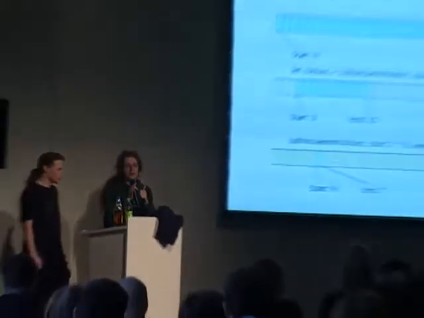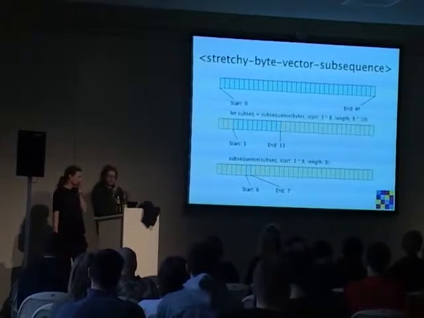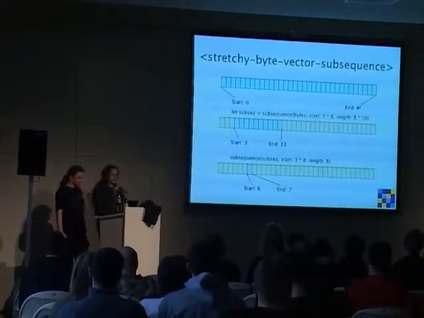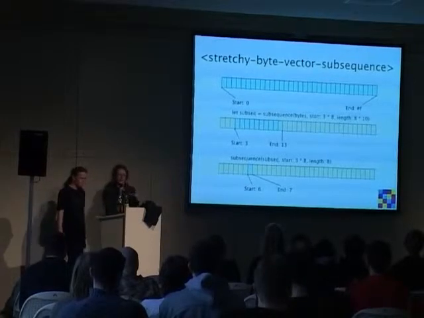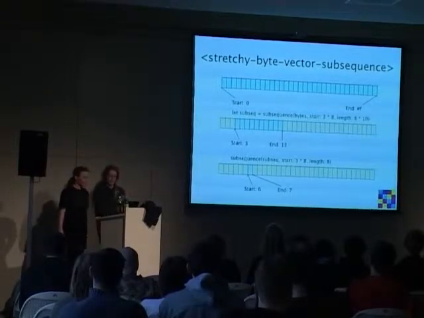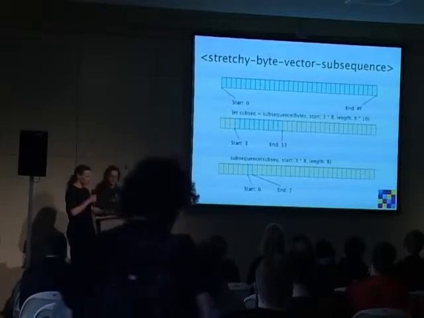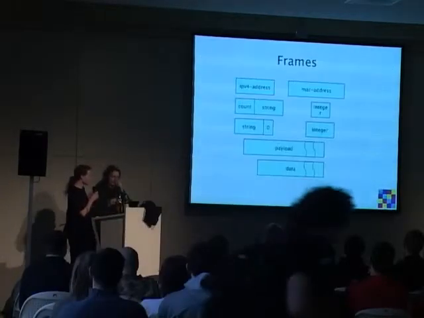To pass that on to the next parsing module, we pass around subsequences, which capture the original vector and its bounds into that vector. So you always pass around one object. You cannot forget to pass around the bounds for that object. And of course, access is checked. So if there is an error in the parsing process, you'll notice because you will access your subsequence out of bounds. Okay, that's the underlying structure.